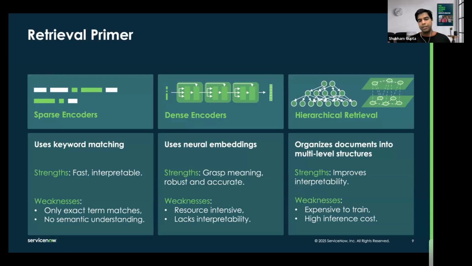To circumvent this issue, there is a class of retrieval systems which are hierarchical retrieval systems. They try to organize documents into multi-level structures, which go from some coarse representation to some fine representations. Their strength is that they improve interpretability.